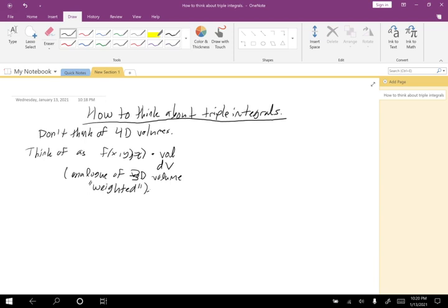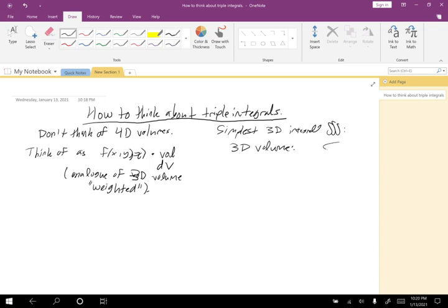So you actually already know of a triple integral. Let me show you how to get the simplest triple integral. It's actually a double integral. It's actually the 3D volume.